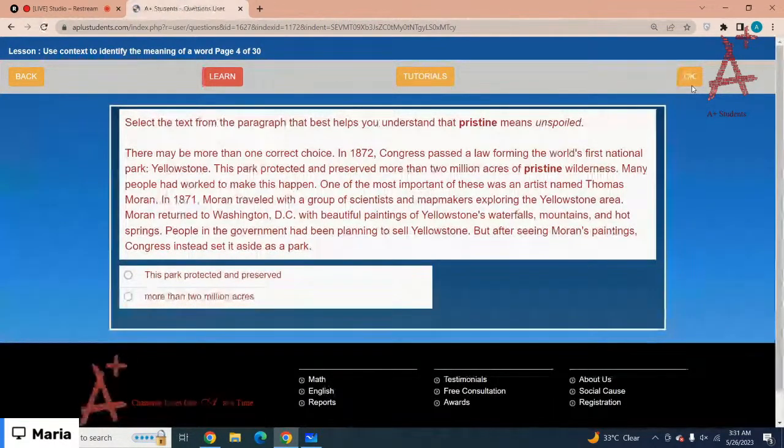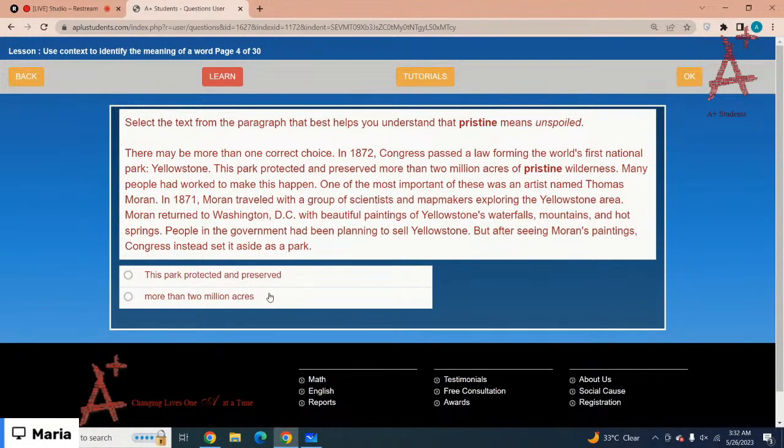Okay, select the text from the paragraph that best helps you understand that pristine means unspoiled. So which is the correct one? That would be the first one.